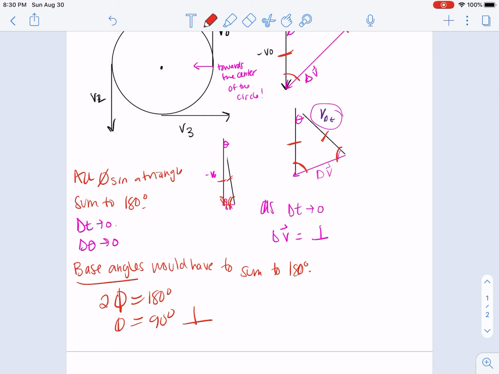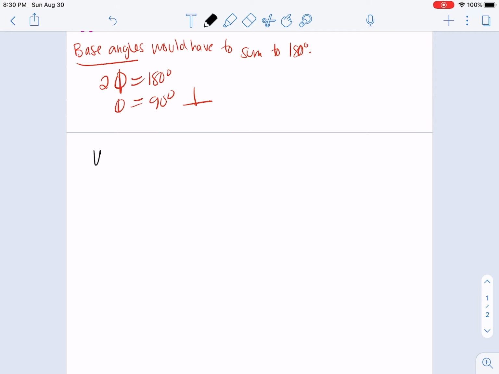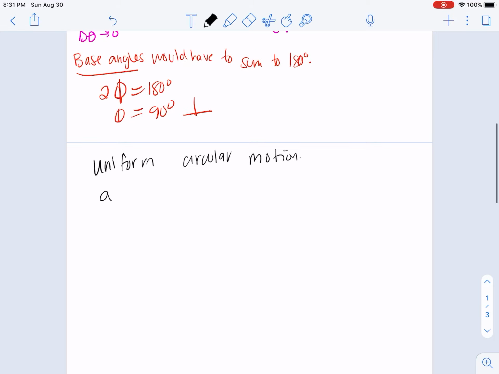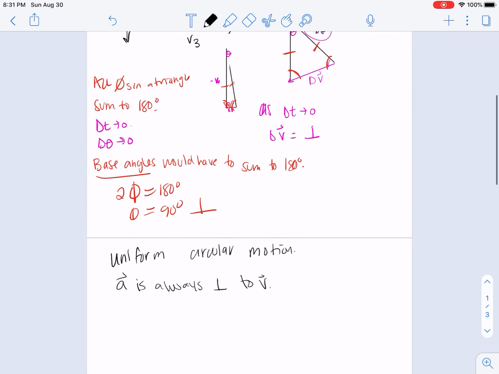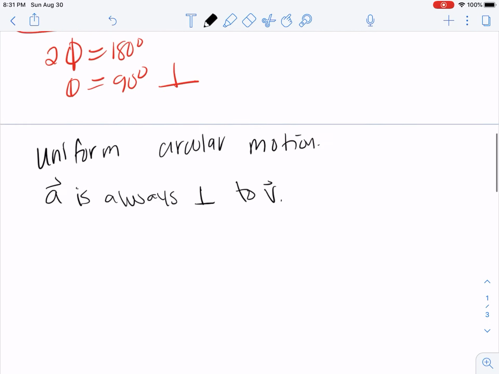So the key takeaway here, hopefully, I always try to show you guys why things work, but the key takeaway is that when in uniform circular motion, A is always perpendicular to V. And that is what we tried to show in these two different examples, that your A is going to be perpendicular to your velocity.